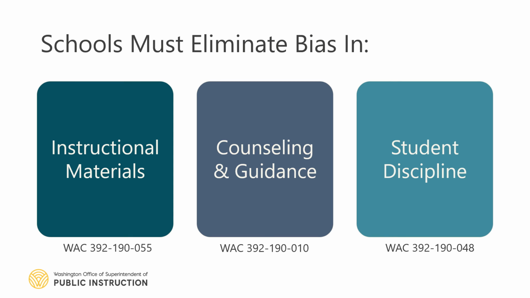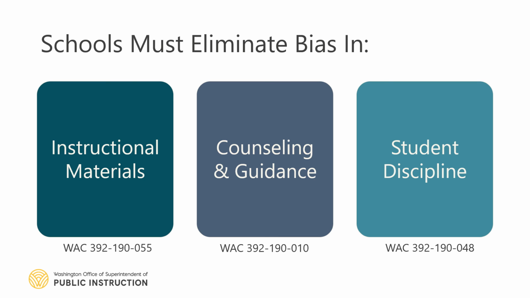Under Washington law, schools must identify and address bias in three key educational areas. First, in the selection and use of instructional materials, such as textbooks, primary and supplemental sources, reference materials, and audiovisual materials.